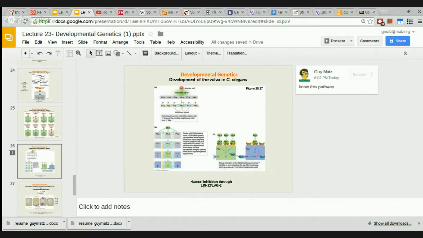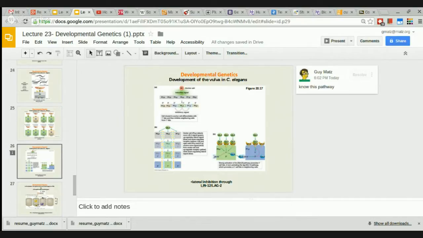Okay, the point here is kind of what I said in the fly is also true here. You could have the same pathway, the same ligand, the same receptor, generating very different outcomes in different cells, because the cells, even though they respond to a ligand, are poised to induce a different expression program.